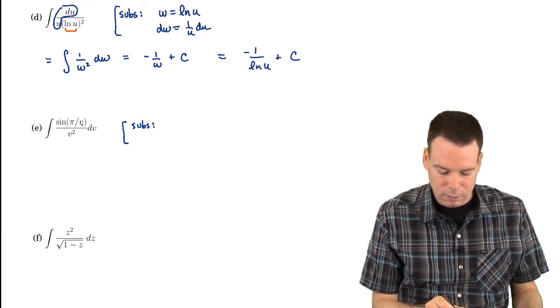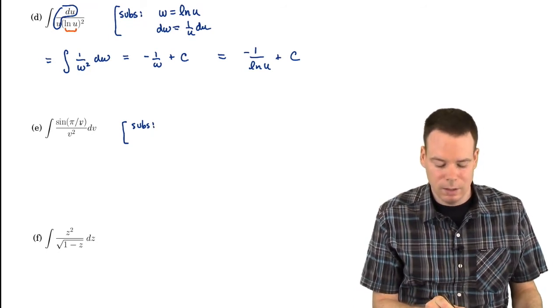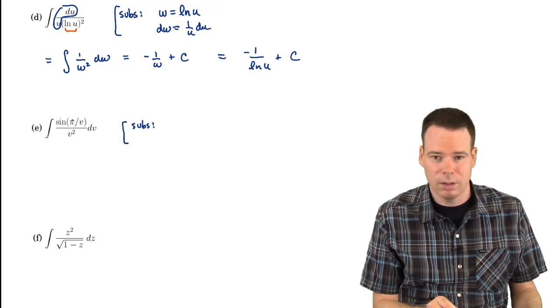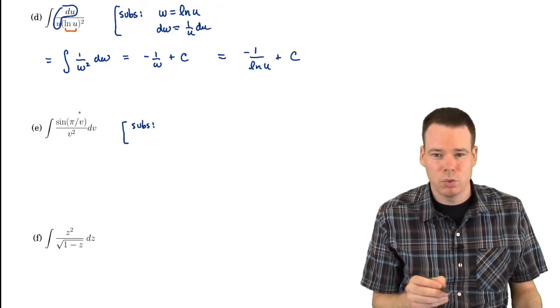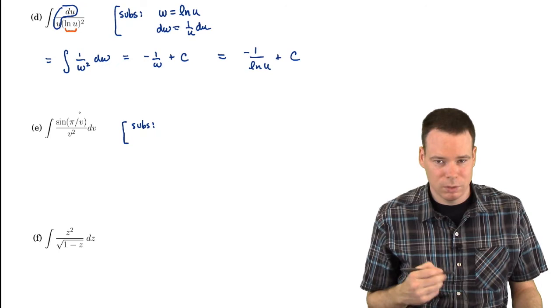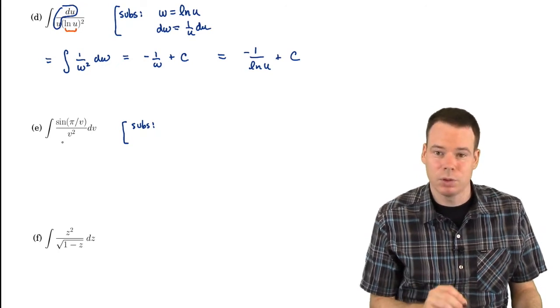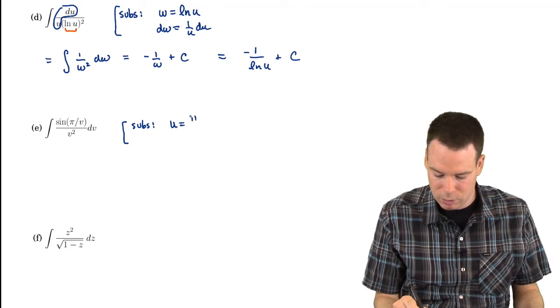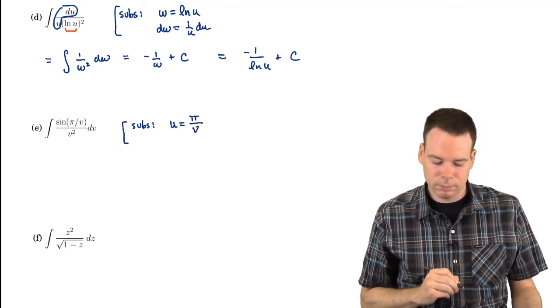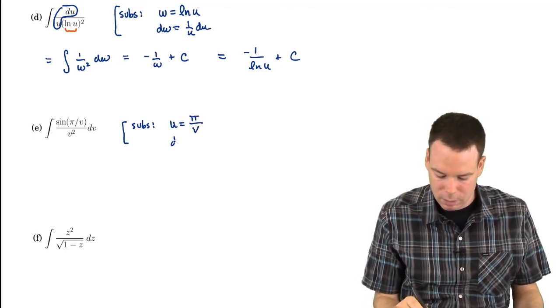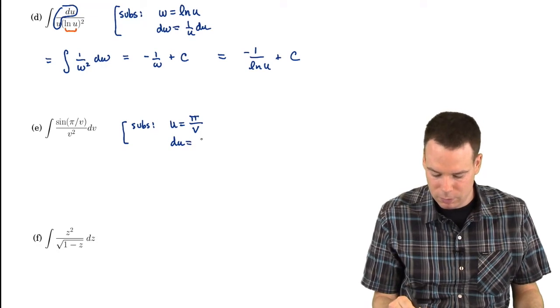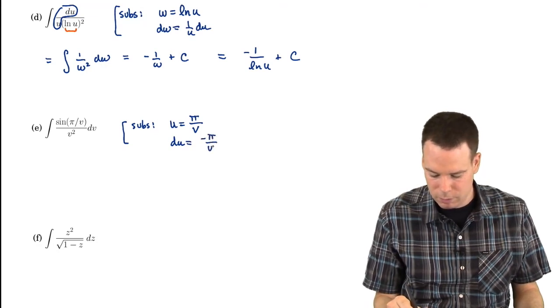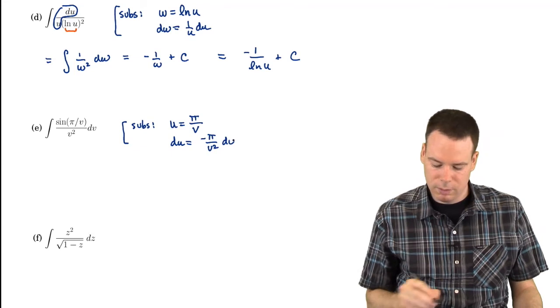Well, there's this reciprocal of v function appearing inside the argument of sine, and the derivative of the reciprocal of v would be the reciprocal of v squared, which is also appearing. So maybe a good choice would be to substitute for the argument of sine, because the derivative is then negative pi over v squared dv.